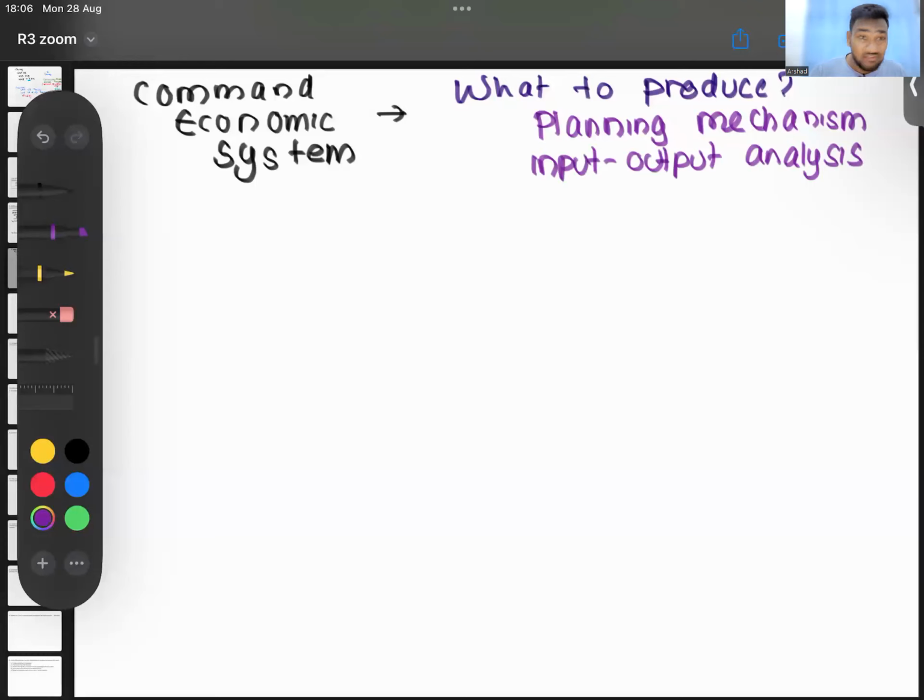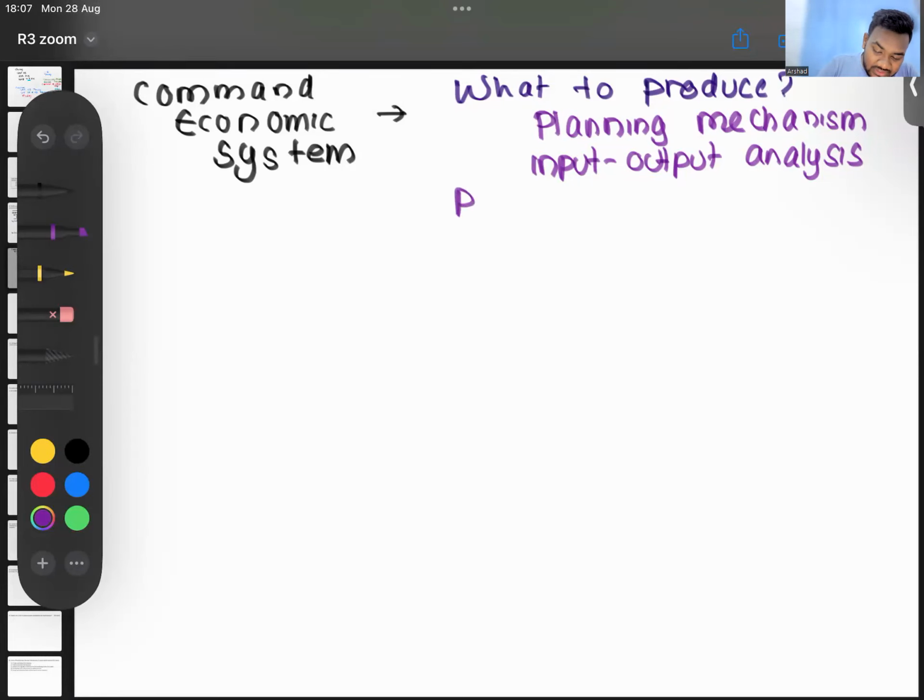So they see, okay, with these inputs, what and what can I produce? What are my outputs? Which ones give the greatest social benefit? If I use these inputs and produce this, it's going to give these benefits to the society. So they do input-output analysis.